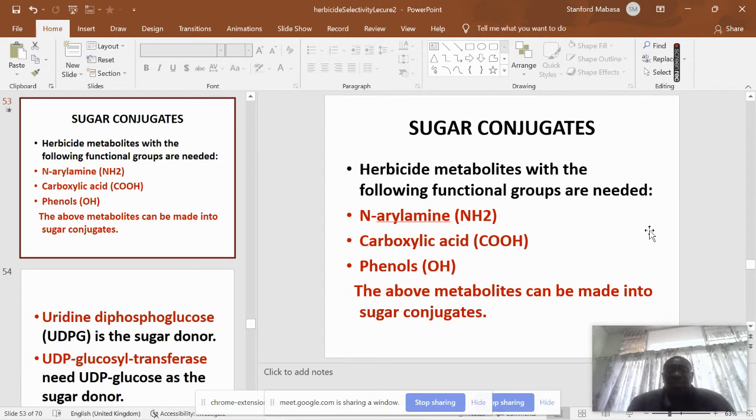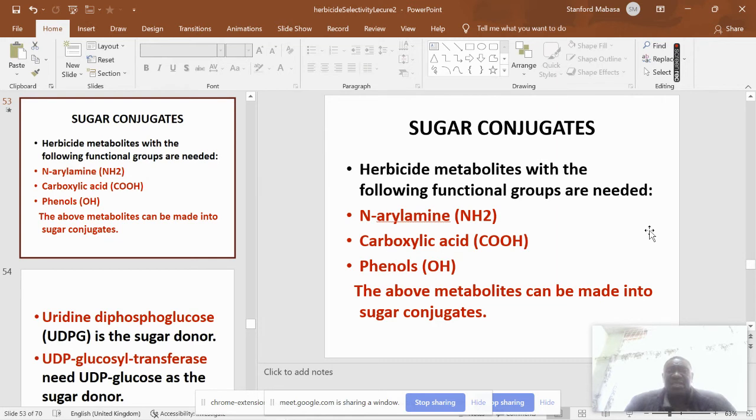Sugar, we know that sugar provides energy during respiration, and it's a product of photosynthesis in plants. It can also be used to clean up pesticides or herbicides which have entered the plants. So we have herbicide metabolites with the following functional groups.